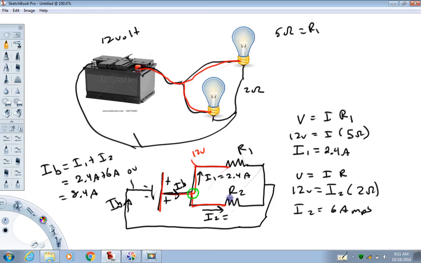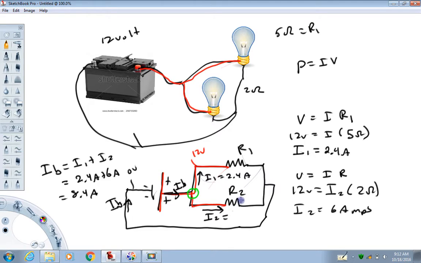By the way, power is also equal to current times voltage. So we should be able to take the current I1 and multiply the voltage across here, which is 12 volts. That should give you the same value as I1 squared R1. Down here we should be able to take, again, red to black, that's a 12 volt potential difference in this picture. We should be able to take I2 times 12 volts and get the same thing as I2 squared times R2.